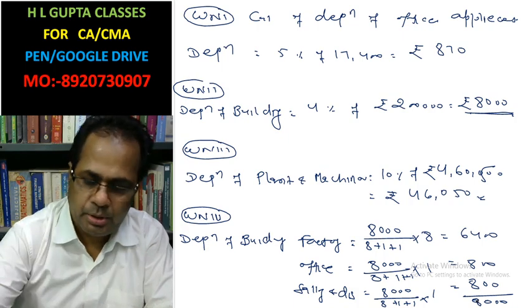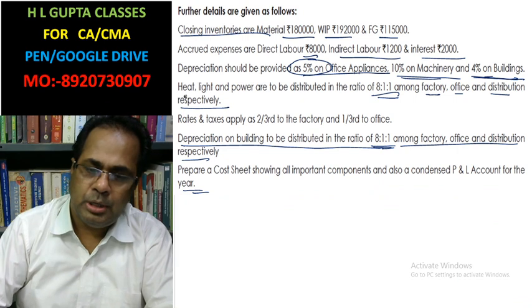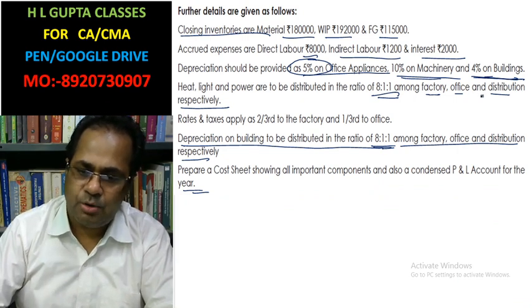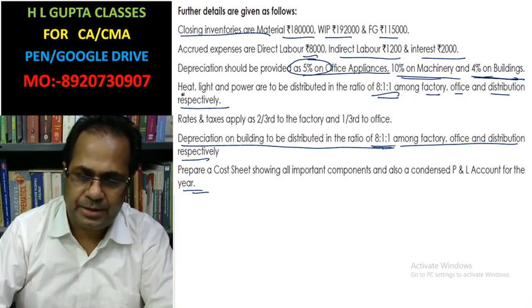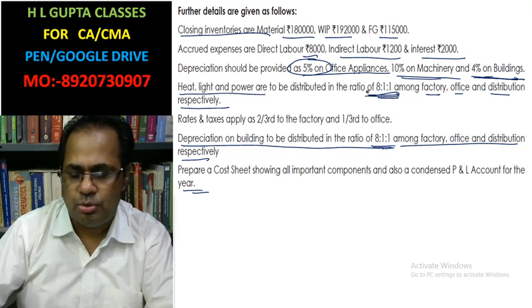Okay. Now we have to distribute other items among the factory, office, and distribution. Heat, light, and power are in the ratio 8:1:1.